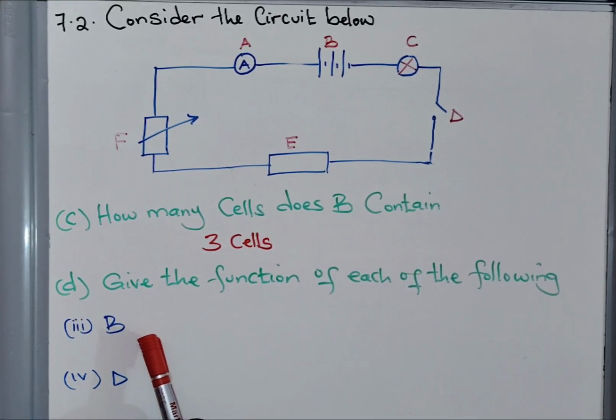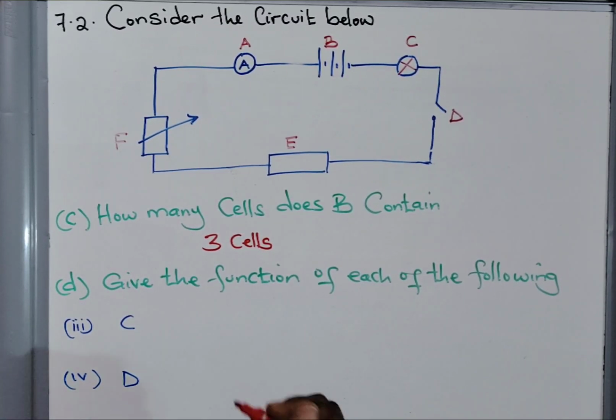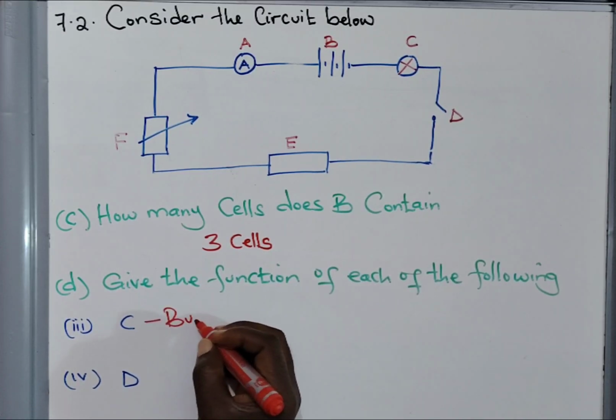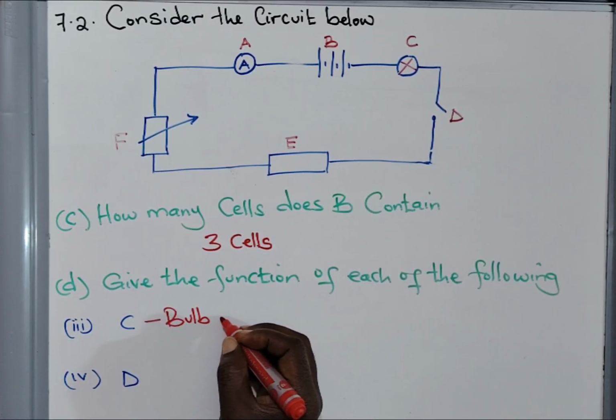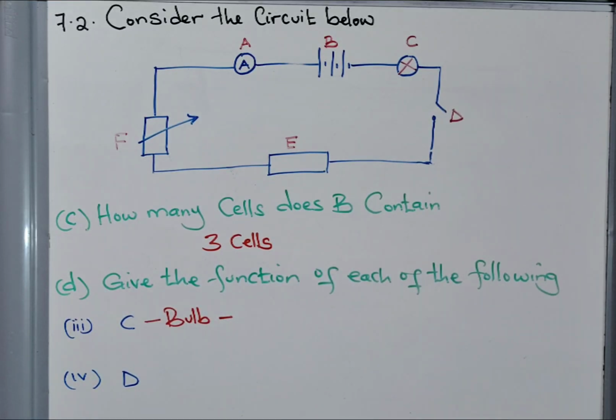Then we come to this one, C. What is C? C is bulb. And what's the function of the bulb? A bulb converts electrical energy to other forms.